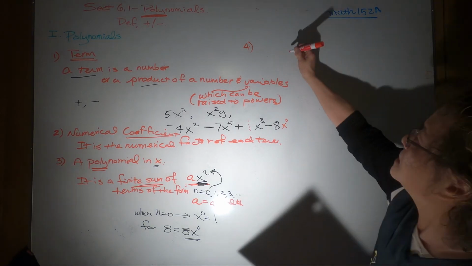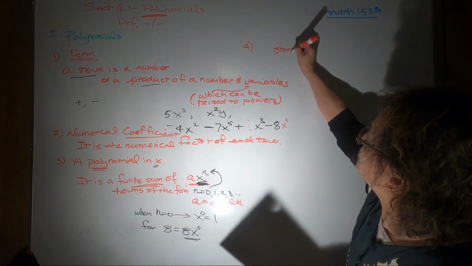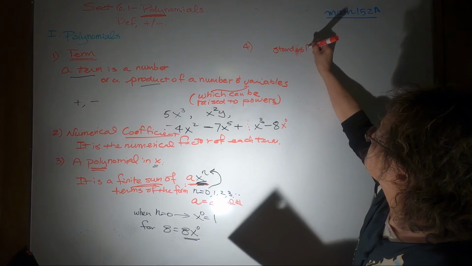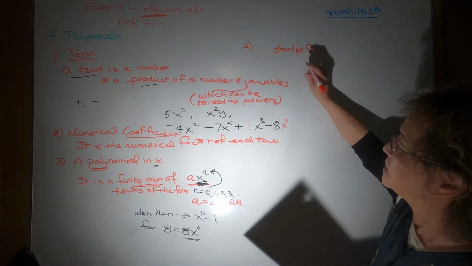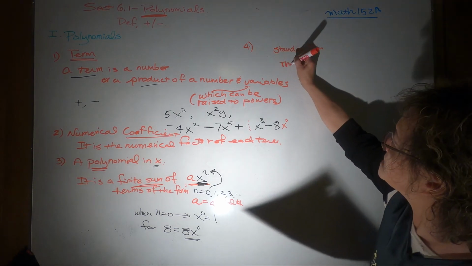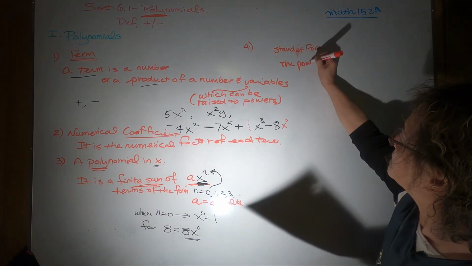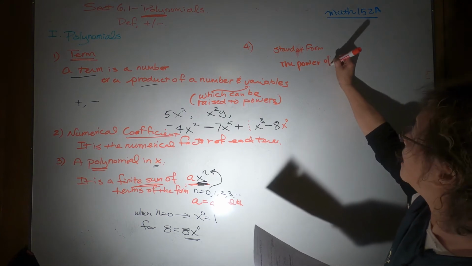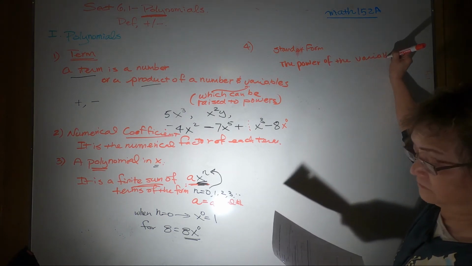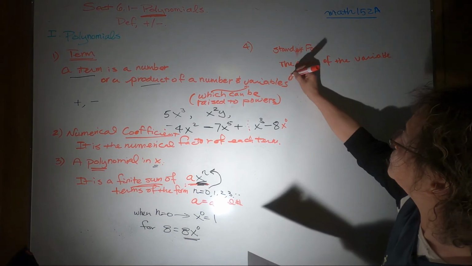Standard form. So standard form means what? You write a poly so the power is from higher to lower. The power of the variable, okay, decreases.